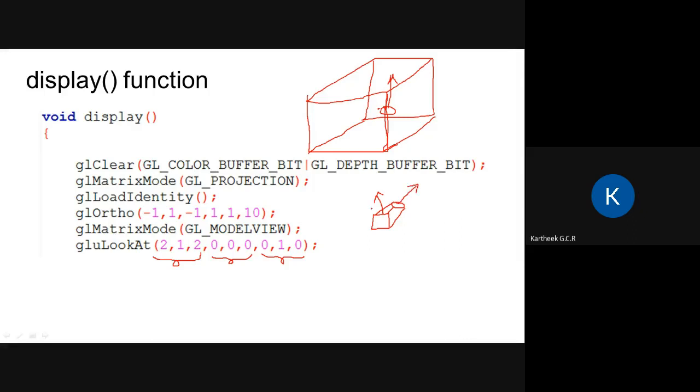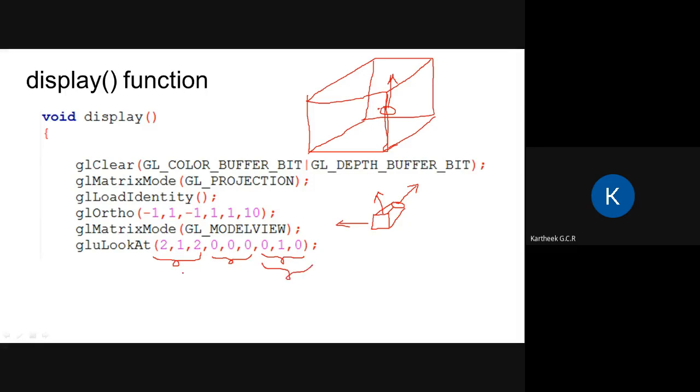But what is the orientation? The head of the camera, is it like this? It's like you're taking a photo on your mobile. You can take the object by keeping your mobile vertically or horizontally, or vertically reversed or horizontally reversed, right? So it's that orientation that you gave in the last 3 parameters.